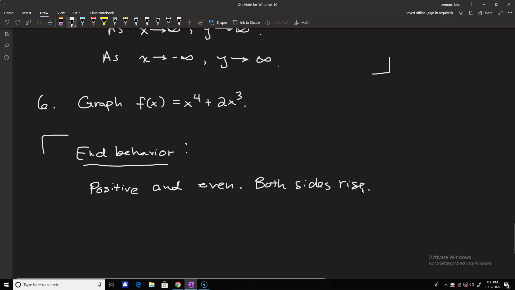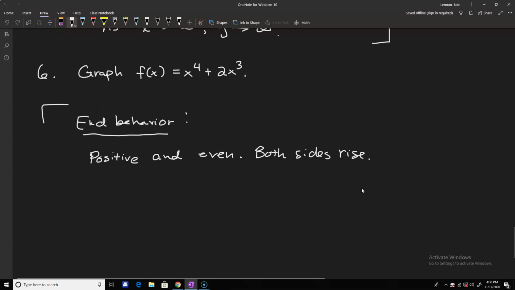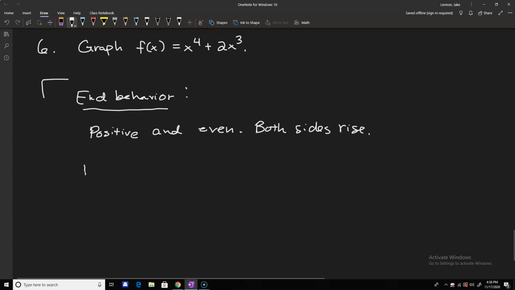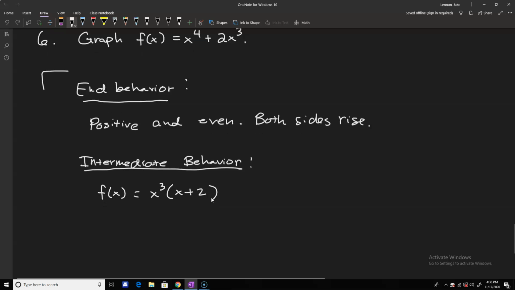And then we want to look at the intermediate behavior, which is going to require us to factor that polynomial. We want to know what's happening at each of the x-intercepts. So our f of x can be factored. We can take out an x to the 3rd power, and that would leave us with an x plus 2.